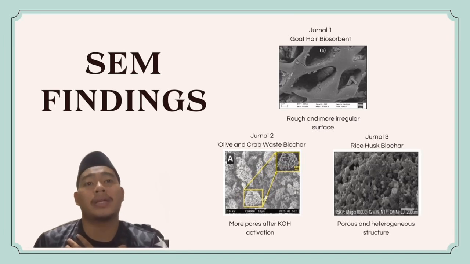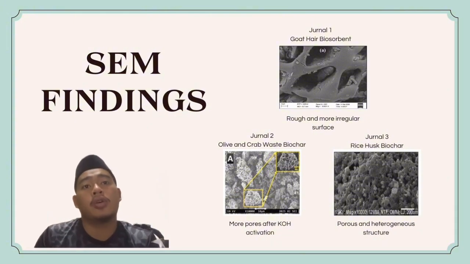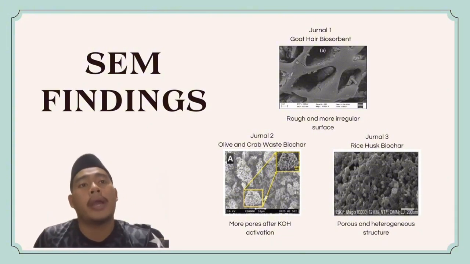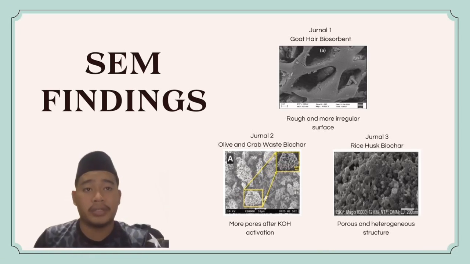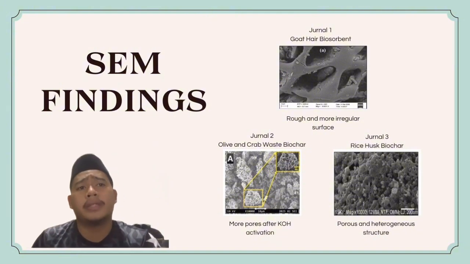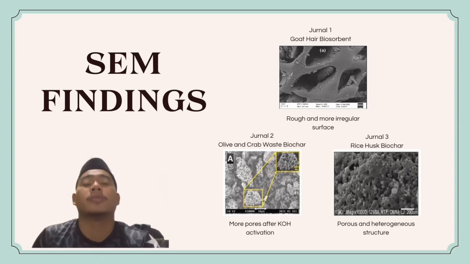We will discuss the results obtained from SEM analysis. From Journal 1, SEM images show the treated goat hair bioabsorbent had a rougher and more irregular surface. Compared to untreated material, this indicates the formation of additional absorption sites that may enhance pollutant removal.